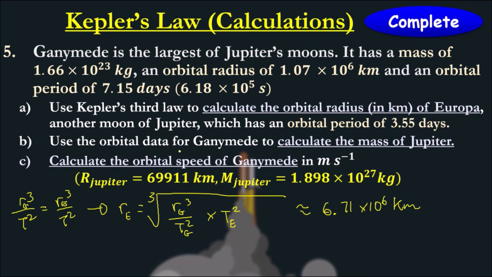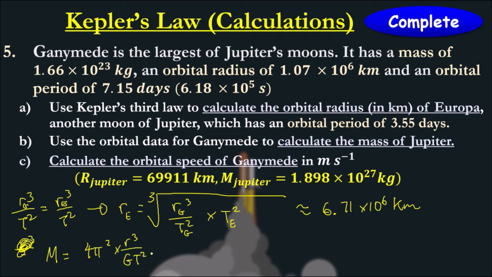Next one is to use the orbital data for Ganymede to calculate the mass of Jupiter. So in order to calculate the mass of Jupiter, we're using the following formula. So we have Kepler's formula. You can find that the mass is equal to 4 pi squared times R cubed over G T squared.